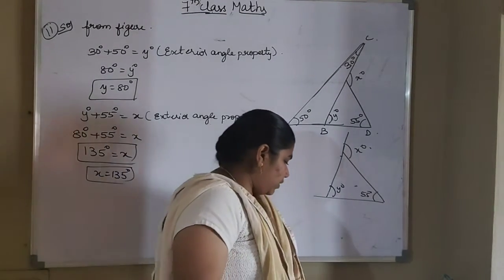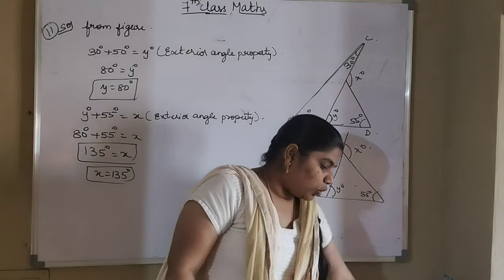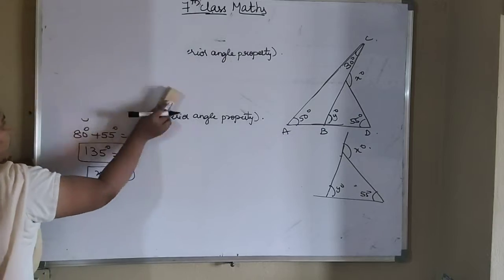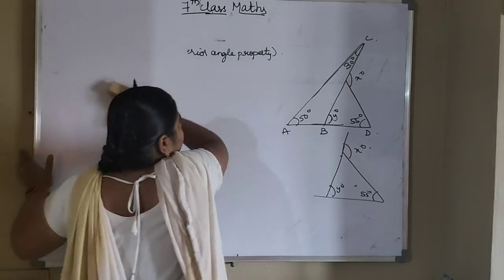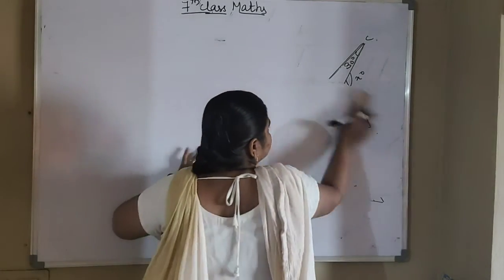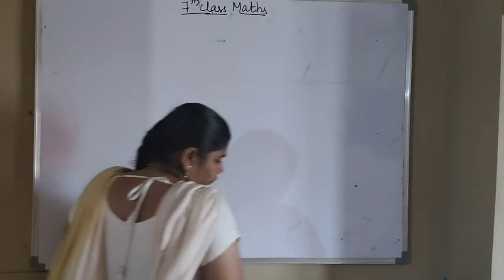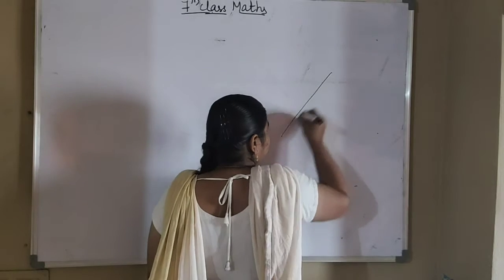So last bit now, that is the fifth problem. We didn't complete this fifth one. So listen carefully. So what is the question? They have given one figure.